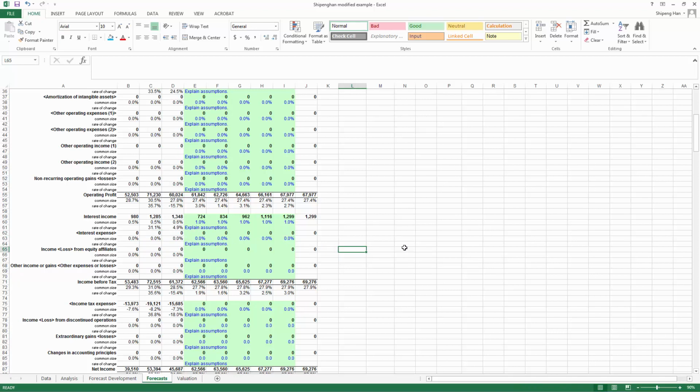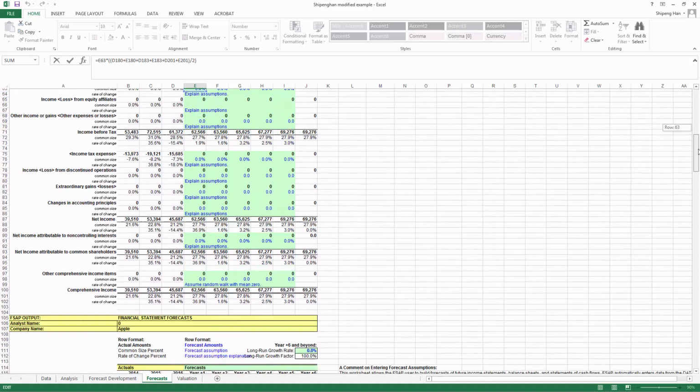But if you want to calculate or forecast interest expense, we have methods. For example, if you click the cell here, it provides a formula. The formula is E63, actually the average effective interest rate, multiplied by the average balance of these financial liabilities.